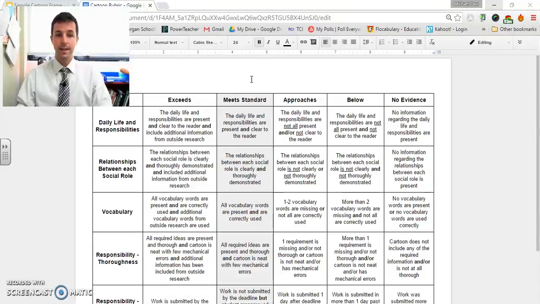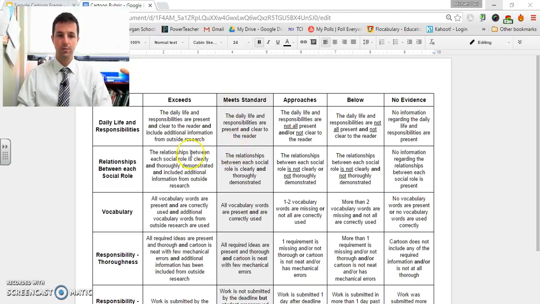Now, for exceeding standard, all the stuff from your notes is present and clear to the reader, and you have done some additional information. So you've included some facts, some parts of daily life and responsibilities that was not included in the basic reading. So you've gone above and beyond to give us a little more information.